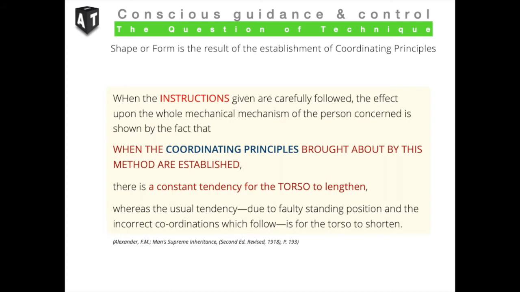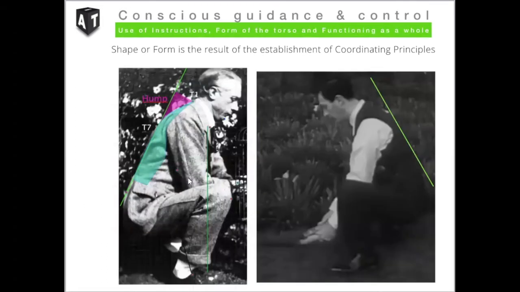It's a mental manipulation. And because of this mental manipulation, he's able, of course, to project these intentions in action. And as a result of this projection, we see a certain tendency for the torso to lengthen. I insist on the certain tendency because you will find that there are different ways to understand or to translate the meaning of these words.